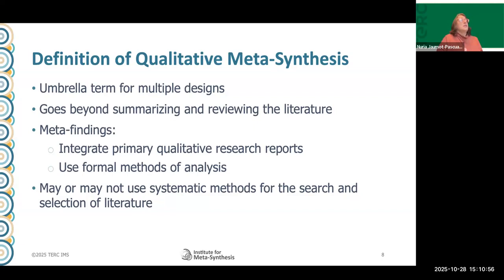And it also means that they are comprehensive. They are trying to identify a comprehensive set of literature on the topic. It is important to note that some qualitative metasynthesis designs do not entail the use of systematic methods, and we will see that in the following slides.